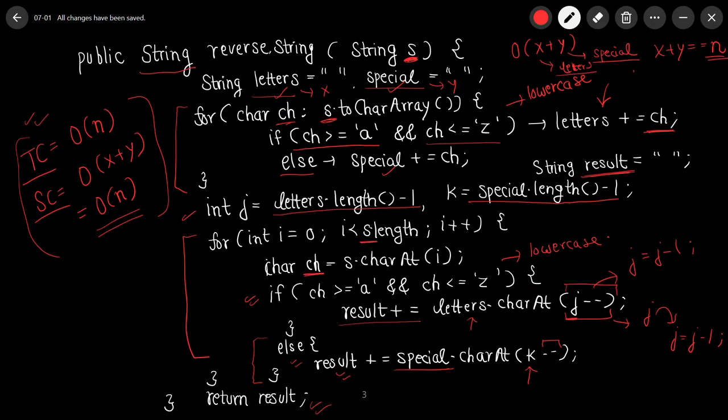See, actually, time complexity would be n square since we are taking a result string and string is actually an immutable data structure. That means suppose we have a string A, and later we decided to add B to our string.